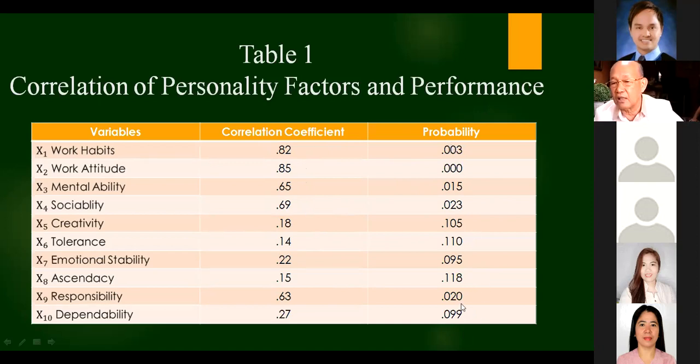Which of these is lower than 0.05? Anyone can answer, please. 0.05. What about this one? 0.003. Okay, so that means work habits and work attitude are significantly correlated. Now check all the probabilities for mental ability.